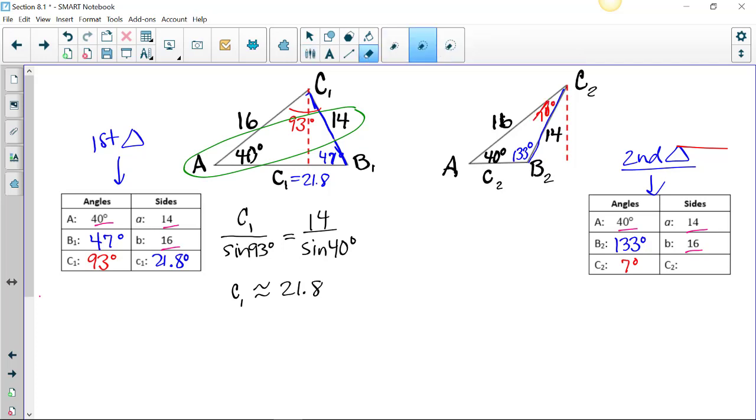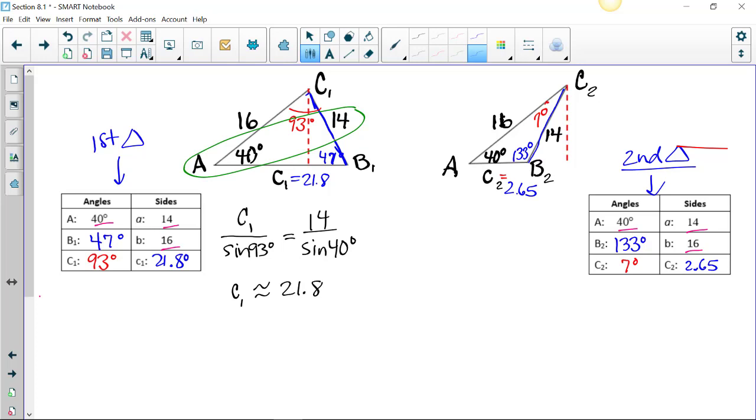Where did that come from? So this angle is 7 degrees. So little c, when you find this side, comes out to be 2.65. So this will be 2.65, and you can set up a proportion and check that as well.